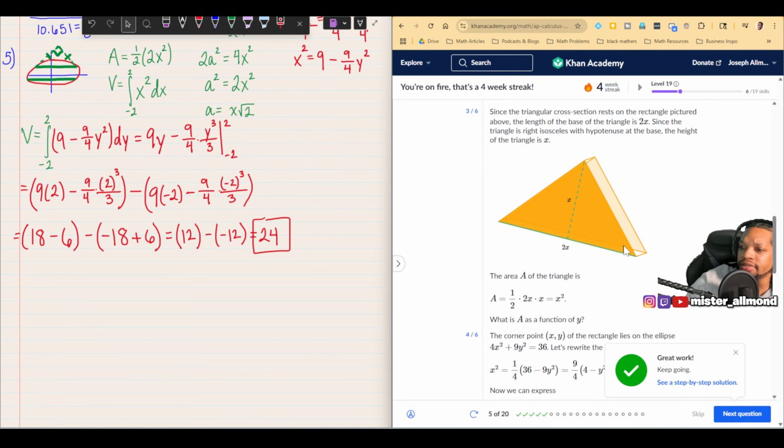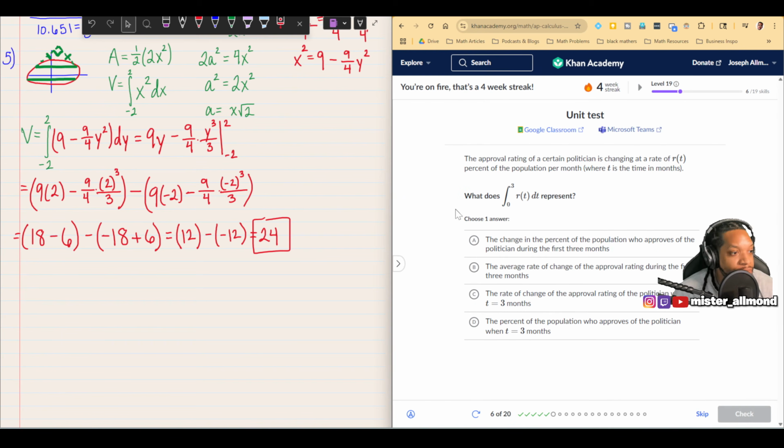Okay, so the next question says the approval rating of a certain politician is changing at a rate of R of T percent of the population per month. So R of T is a rate. Therefore, the integral of this rate represents, without reading the answer choices, the accumulation of percentage or something like that.